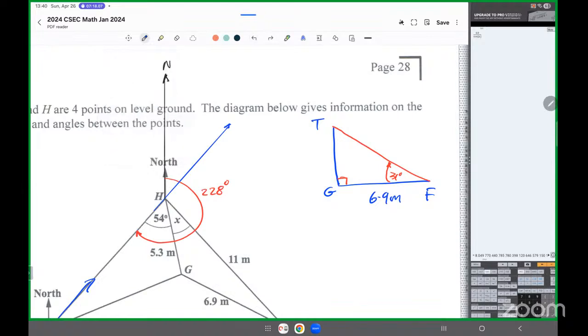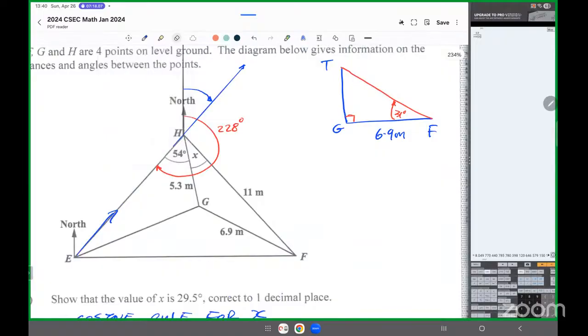That's the same bearing angle that I want down there. The bearing is just a direction given as an angle. This angle and this angle are the same, they correspond to each other.